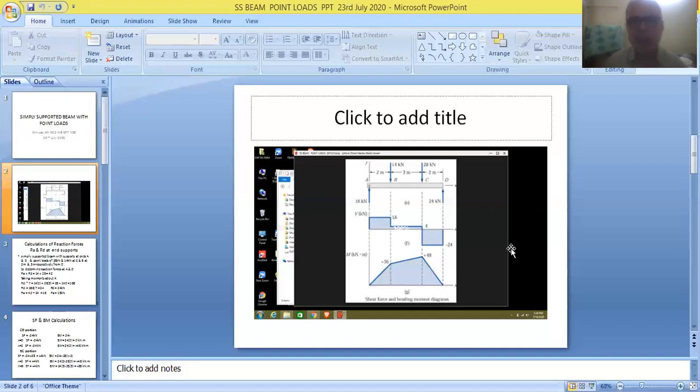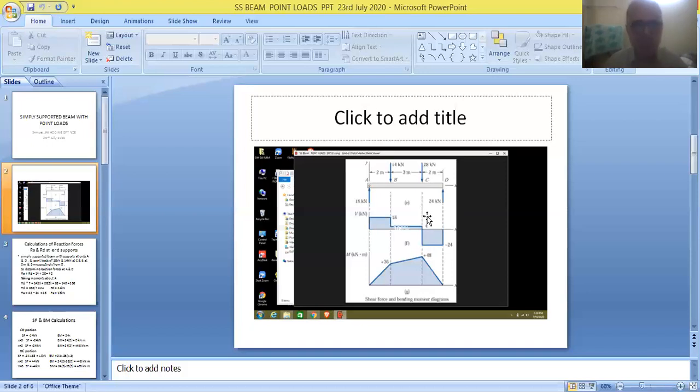Now, friends, lastly, we were talking about considering sections in all the portions. Fixing limits is very, very important for getting SF and BM values. So while doing CD calculations, the lower limit is taken as 0 meter and the upper limit must be taken as 2 meters.